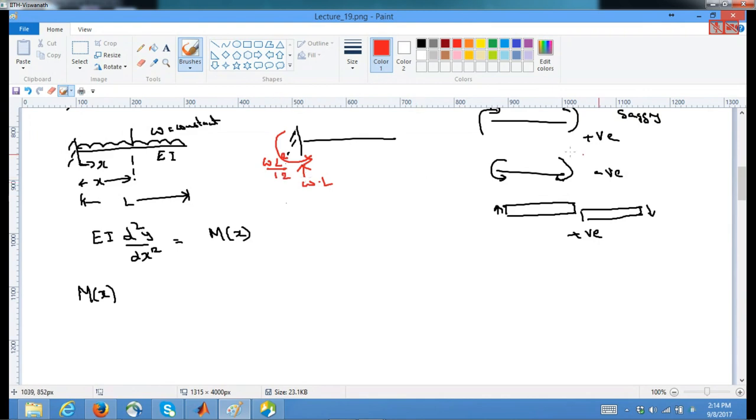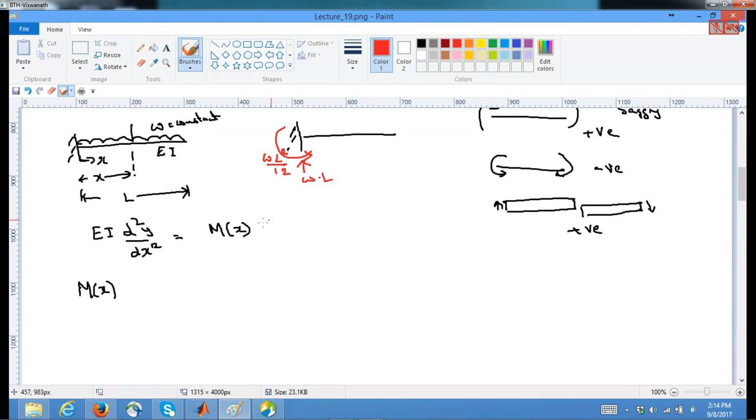So under the distributed load, the moment at a section x would be the sum of these terms.